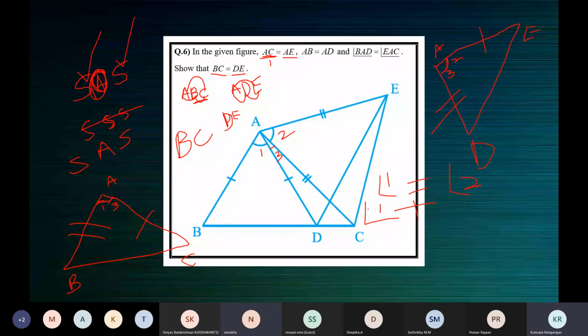You will get the complete angle BAC is equal to the complete angle EAD.